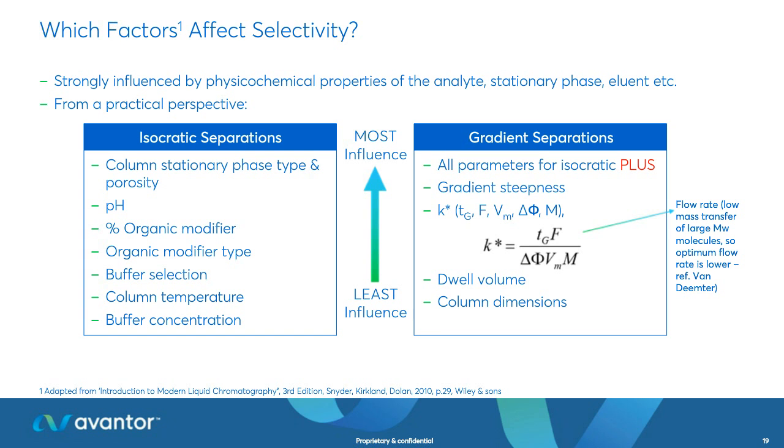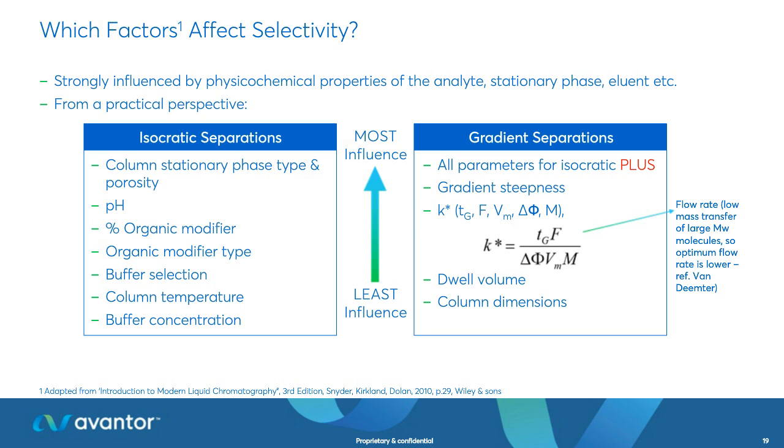When we're talking about our gradient, as I've mentioned, a nice shallow gradient is good, but also optimizing the flow rate can be of benefit. Now, large molecules are very slow to diffuse, and if the flow rate is too fast, you can have issues, meaning that you don't get the best method.